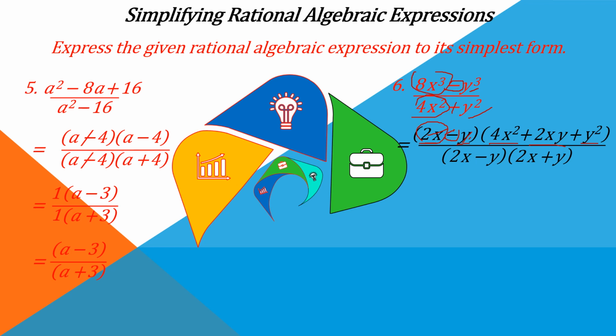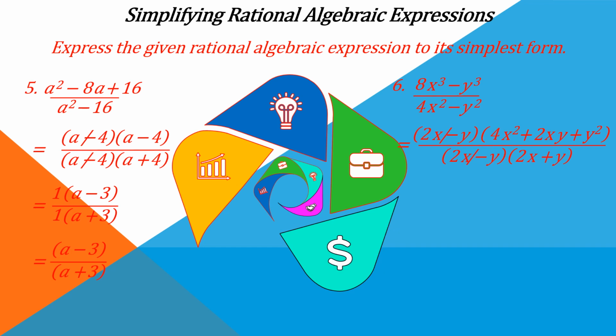Now, if you will notice, we have a common factor of 2x minus y. So cancel that out and substitute 1. We have 1 multiplied by the trinomial factor 4x squared plus 2xy plus y squared, divided by 1 multiplied by the quantity 2x plus y.